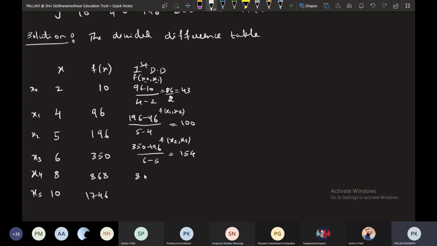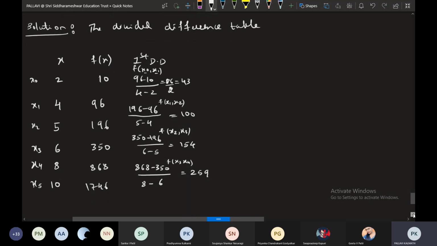Next, 868 minus 350. This term is f of x3, x4, so it will be divided by x4 minus x3, which is 8 minus 6. The answer is 259.